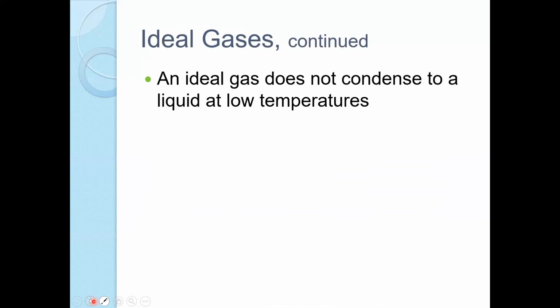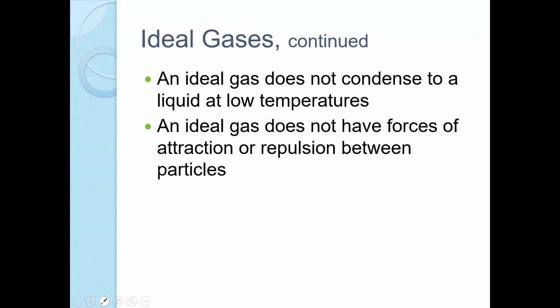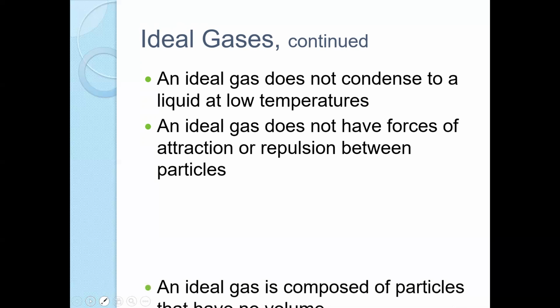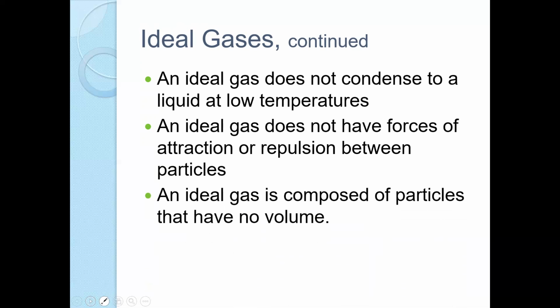An ideal gas does not condense to a liquid at low temperature, and does not have forces of attraction or repulsion between particles. An ideal gas is composed of particles that have no volume. So it is not a real gas; we can just imagine a gas with these properties.